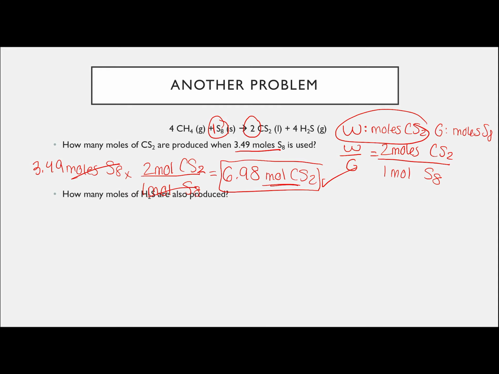Let's do one more problem. Oh, it's a little covered. Sorry, but it says how many moles of H2S are also produced. So what we're going to do is we're still going to start with 3.49 moles S8. All right, same given. So wanted this time, moles H2S.